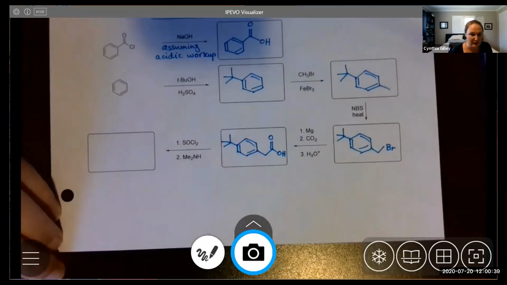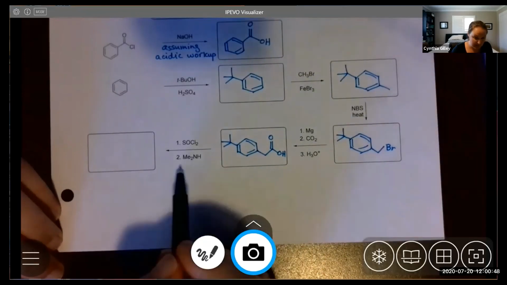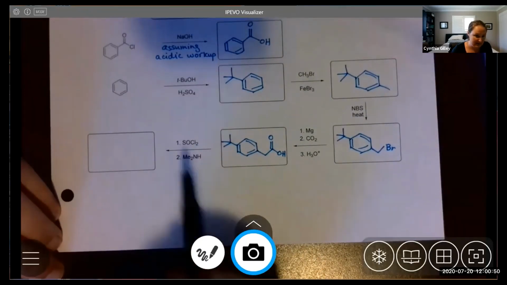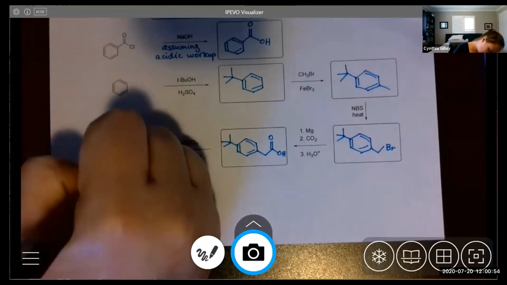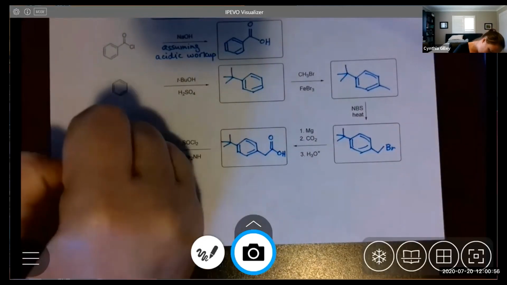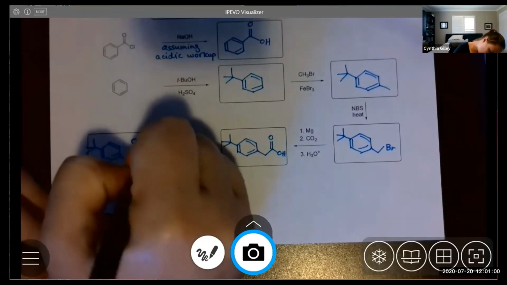But make sure that you've got that extra carbon in there. And then thionyl chloride will convert this to an acid chloride, which will react with a secondary amine to make an amide. So two methyl groups.